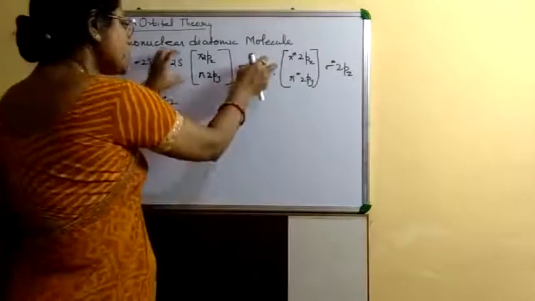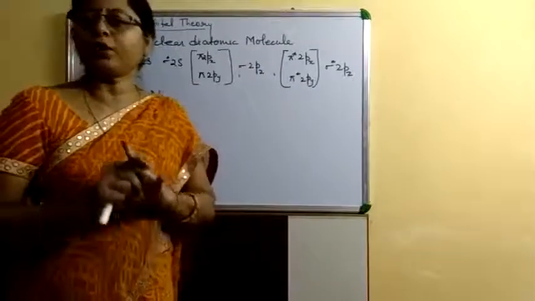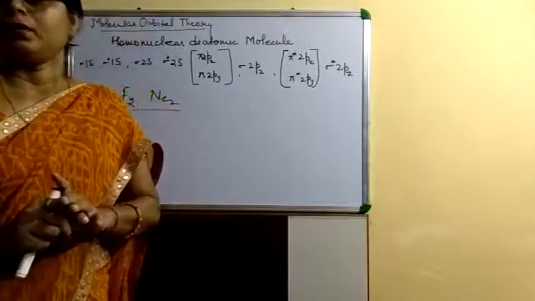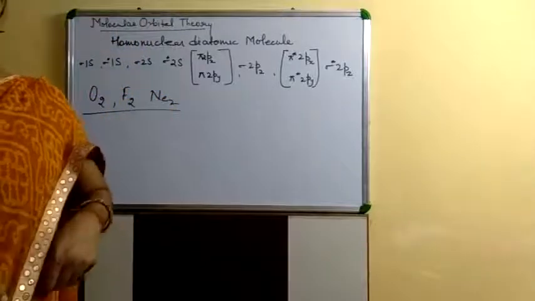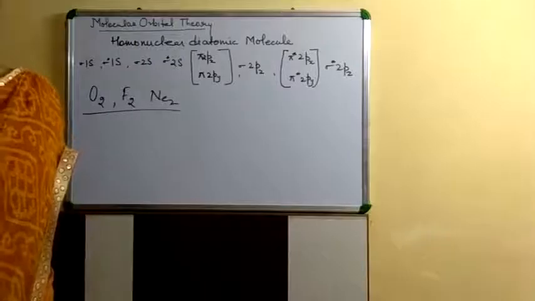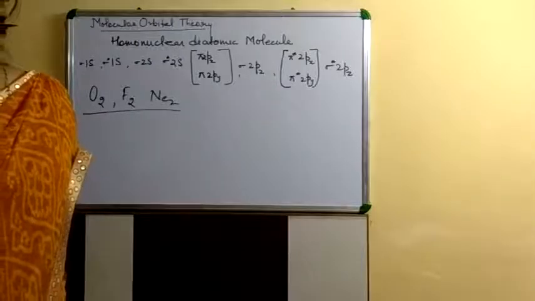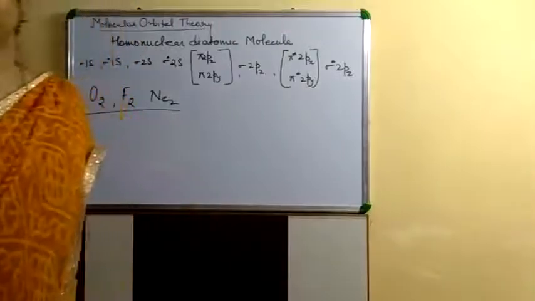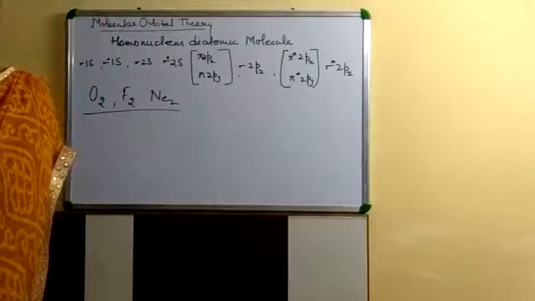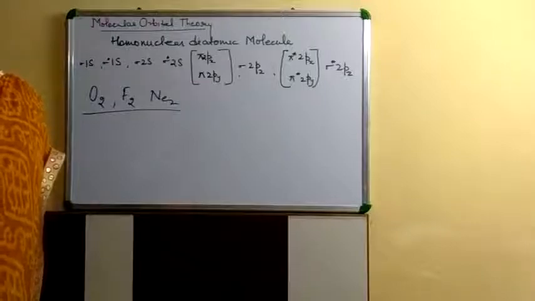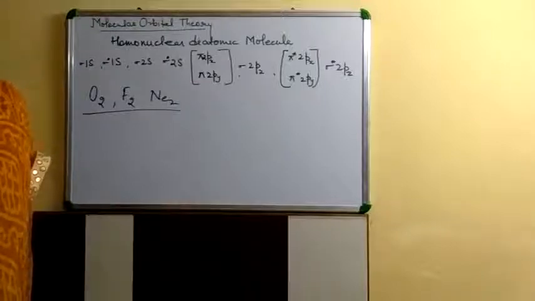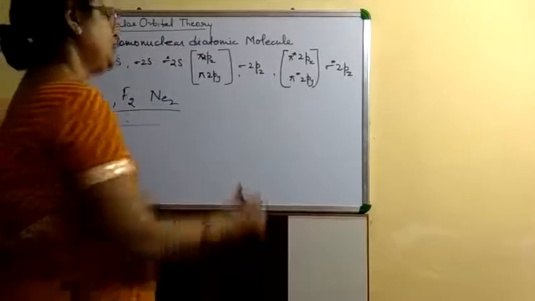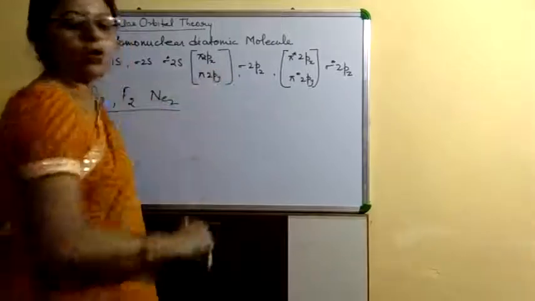That's why these two orbitals do not interact with each other. Lack of interaction tends to stabilize the resulting sigma 2pz molecular orbital, and this is why sigma 2pz has lower energy compared to the pi 2py and pi 2px orbitals.